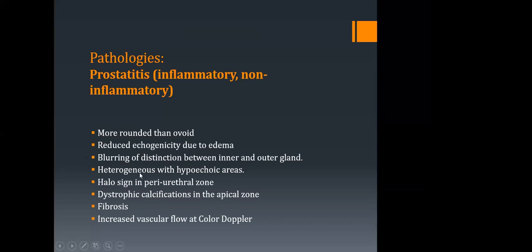Sometimes it is heterogeneous and with hypoechoic areas. Then the halo sign in the periurethral zones. You will get calcifications, especially in the apical zones. And sometimes you get fibrosis. Now, in inflammation, just like inflammation elsewhere, you get increased vascular flow at color Doppler.